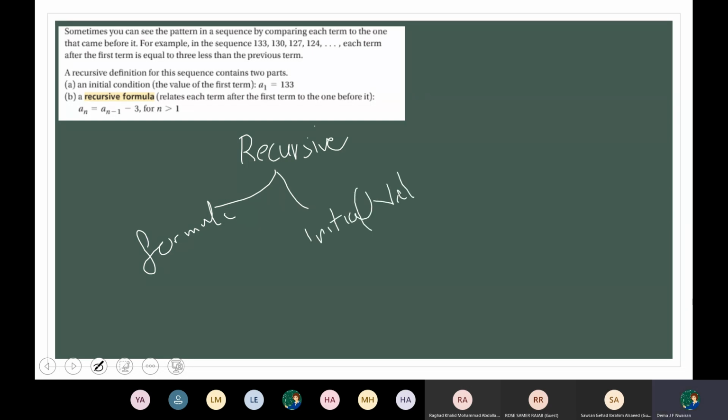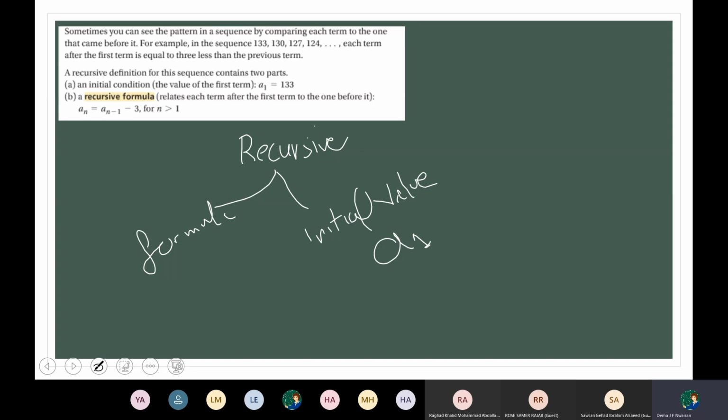Now, we also talked about the recursive formula. If I want to write it now, I need the formula, and I need the initial value, or I can name it A1.